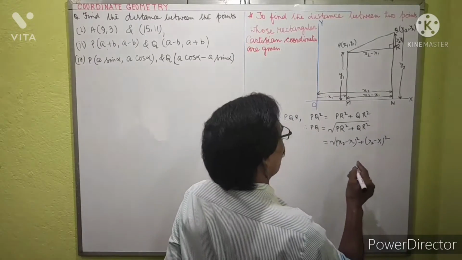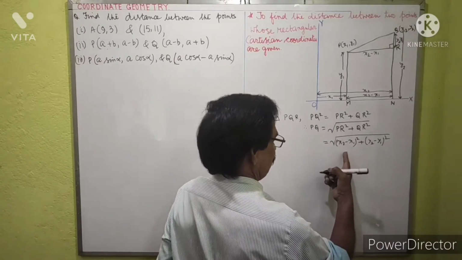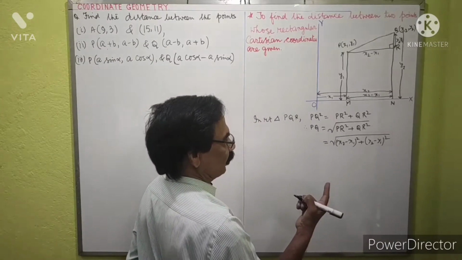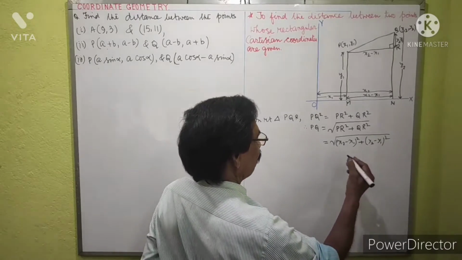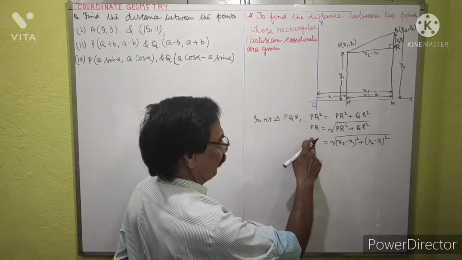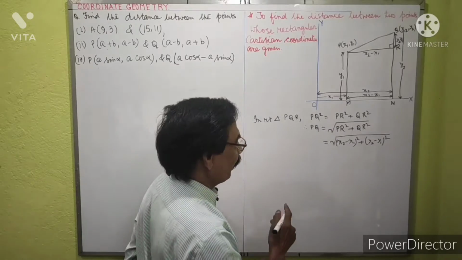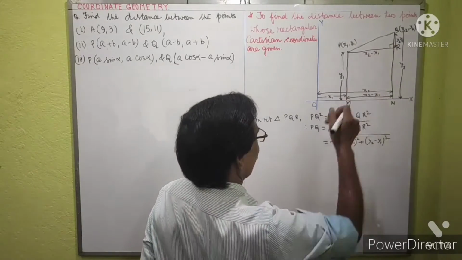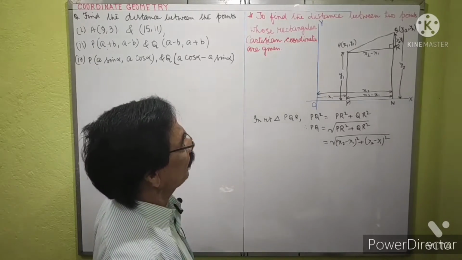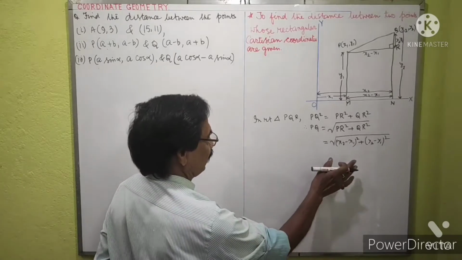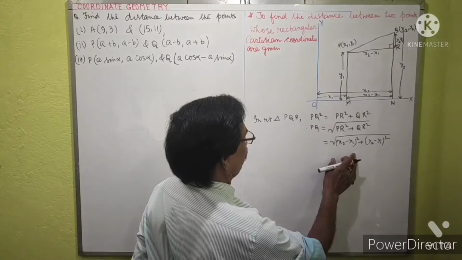So if we take the root of the square of x2 minus x1 and the square of y2 minus y1, we will get the distance between P and Q. This is where P and Q is taken in the positive side of the coordinate of the Cartesian plane. We will use this formula for finding the distance between two points.